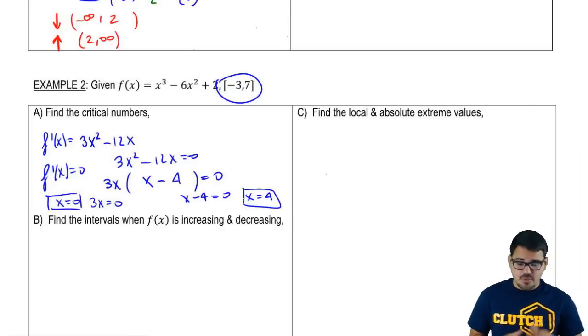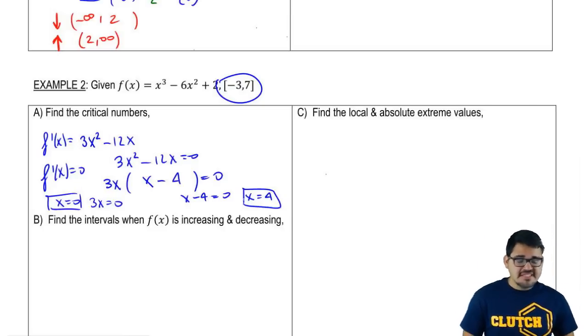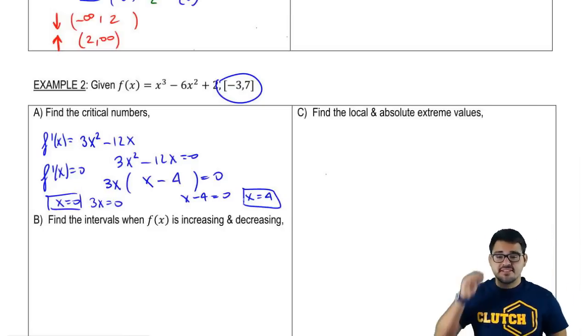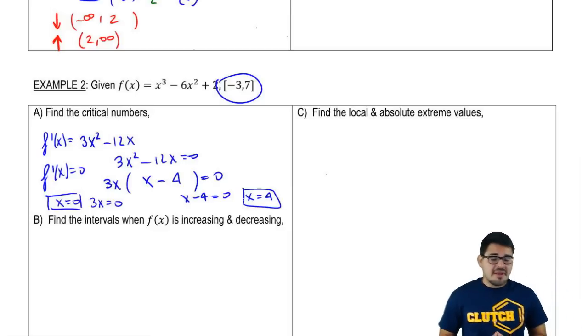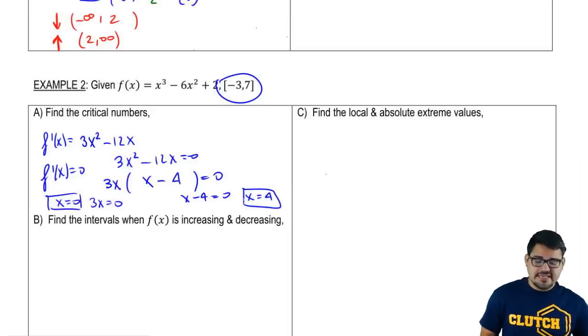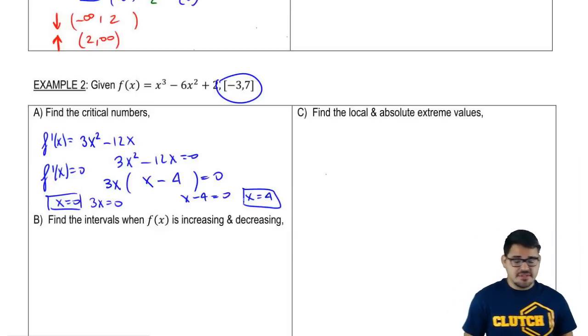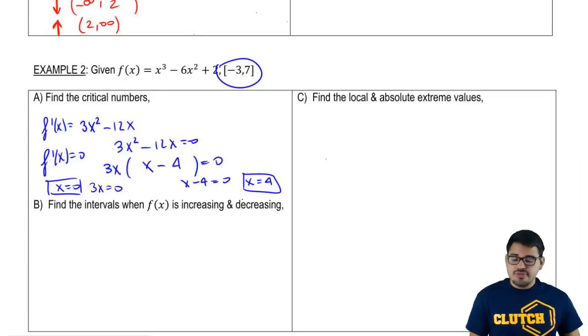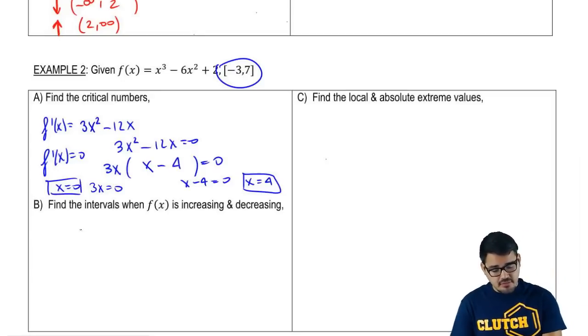And now I'm ready to jump into the next step, which is part B, where I'm asking you to find the intervals when the function is increasing and decreasing, right? So in order to do that, we need to go ahead and draw out the number line.